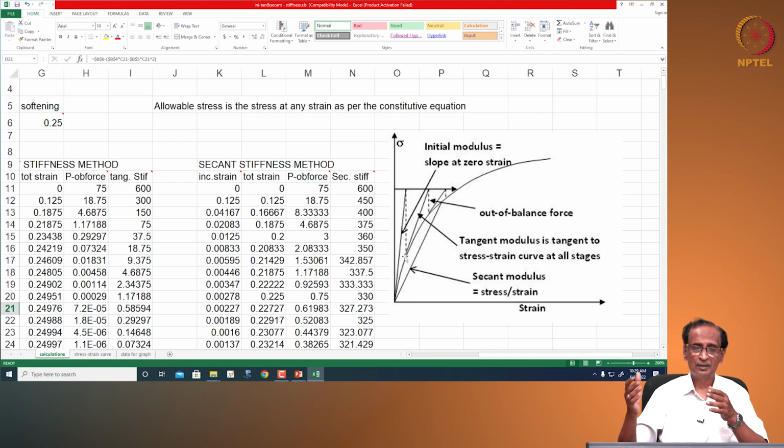Then the other one is the secant stiffness, where our modulus is stress divided by strain, and that is also very stable because our stiffness values are always positive definite, and we can get reasonably good solutions. But then the secant stiffness method also takes up a lot of time because every time we have to update our stiffness matrix and do the calculations.